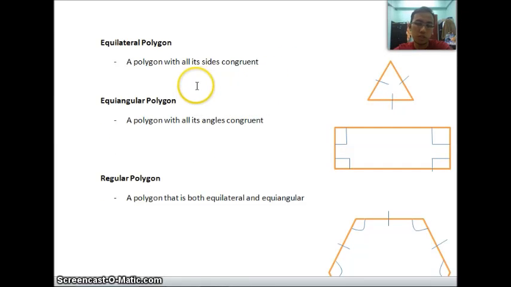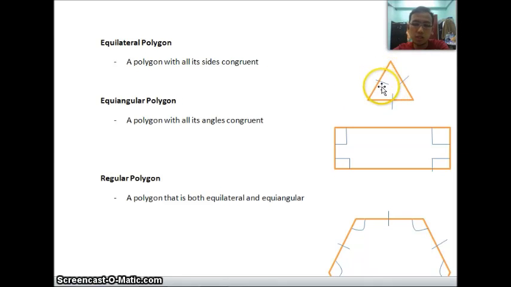Based on this, there is equilateral and equiangular as well as regular. An equilateral polygon is a polygon with all its sides congruent. What this means is the polygon will have all of its sides the same length.